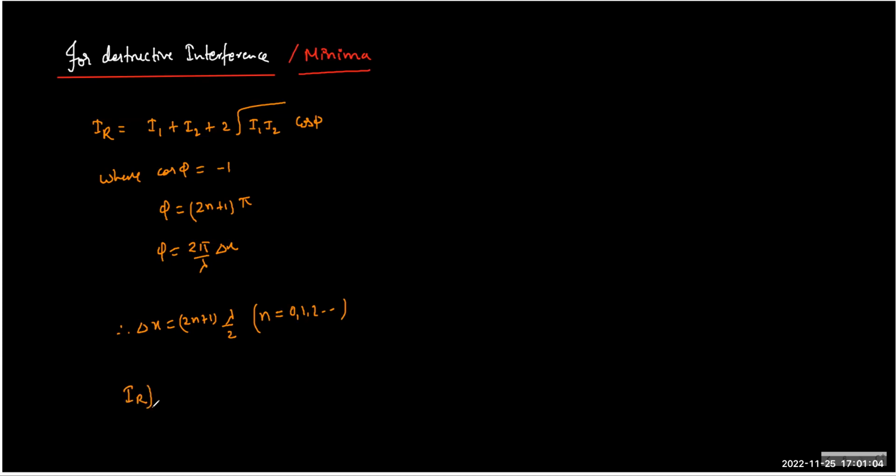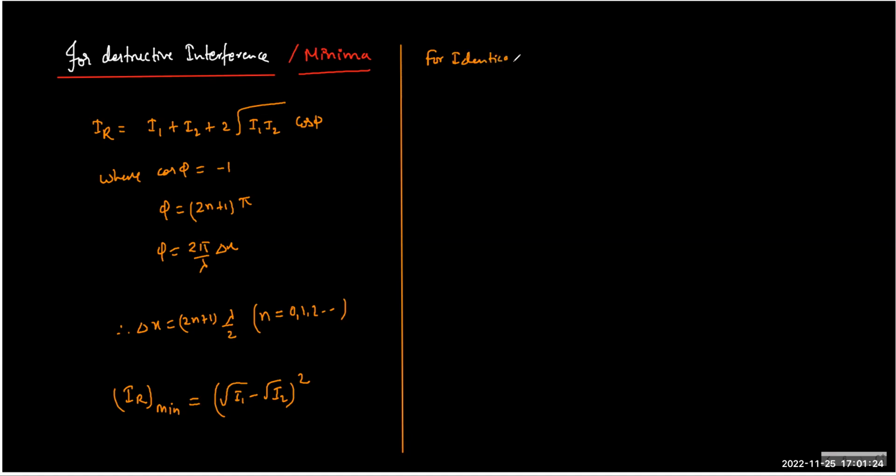And in that case, the IR minimum will be, for identical sources, perfectly 0. That is, perfect darkness will be obtained.